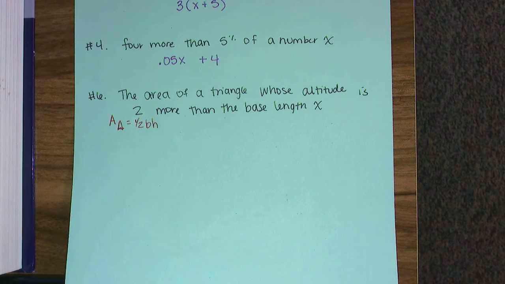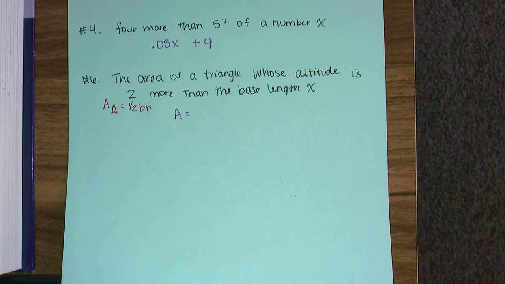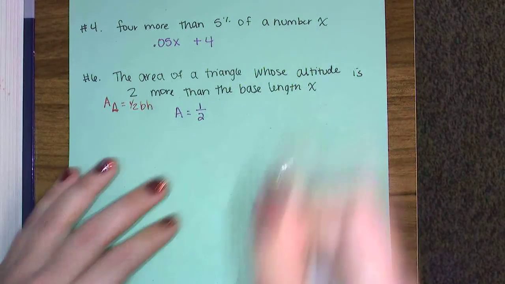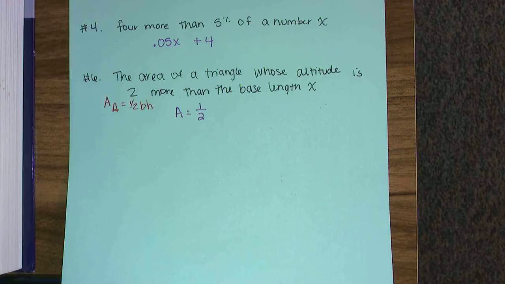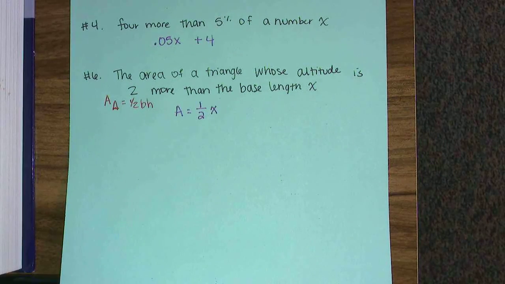So, based on that, what would my area of this triangle be? 1/2 times the base, so the base is x. And then what is the height or altitude?